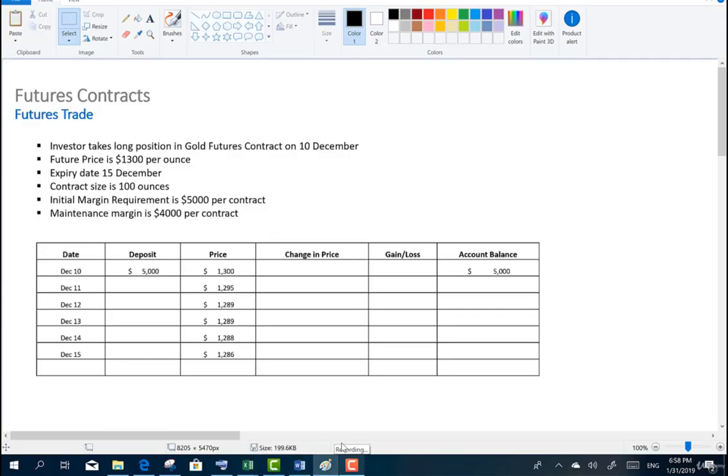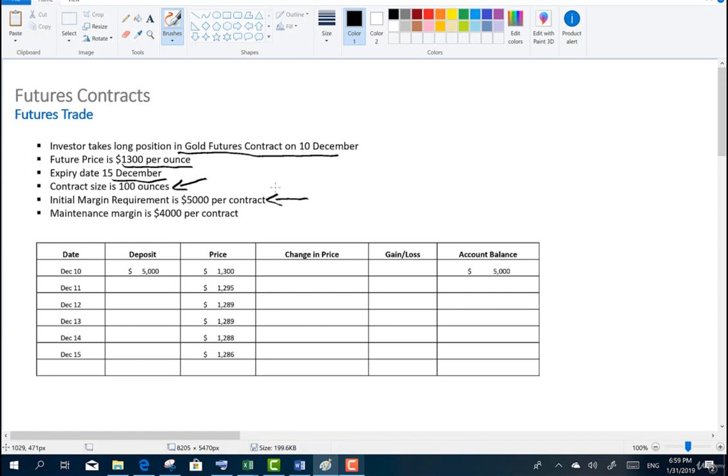So here we have information about one futures contract. An investor takes a long position in gold futures on 10th December. The futures price is 1300 per ounce, the expiry date is 15th December, just after 5 days, and the contract size is 100 ounces. The initial margin requirement is 5,000 per contract.